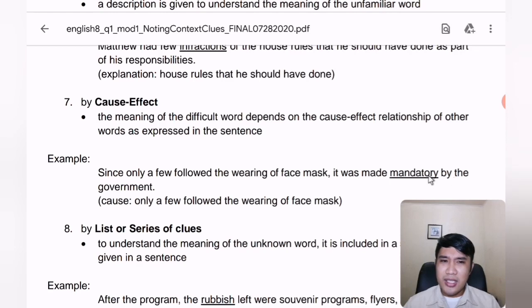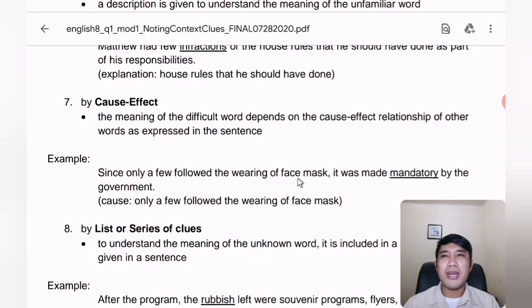In this case, the word mandatory is part of the effect. So let's look at the cause. Only a few follow the wearing of face mask. So now we analyzed and realized that the meaning of mandatory is something that has to be strictly followed because of our clue in the cause, which is only few follow the wearing of the face mask.